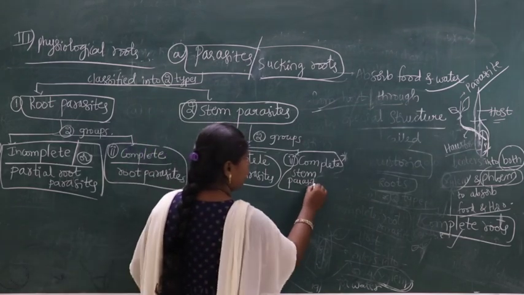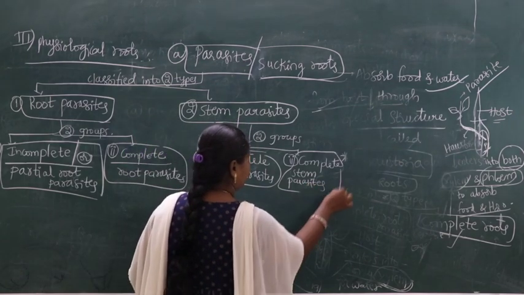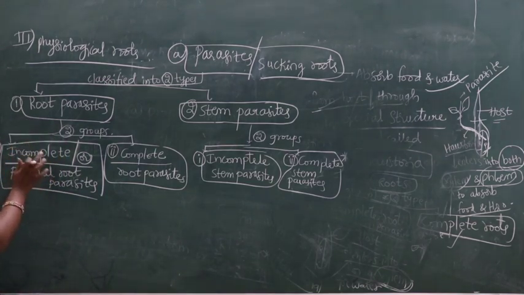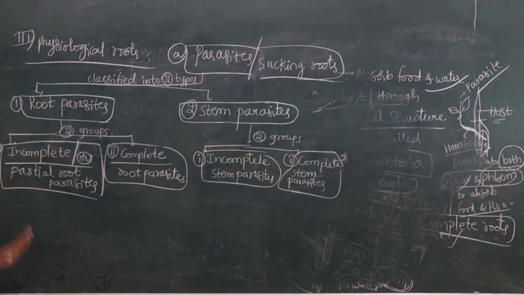So these are complete stem parasites. Now, what is the meaning of incomplete here? You understood that Haustoria enters only into xylem for absorption of water. It's called incomplete, also called partial root parasites. Let us take examples directly. Guys, note down clearly, examples are very important.